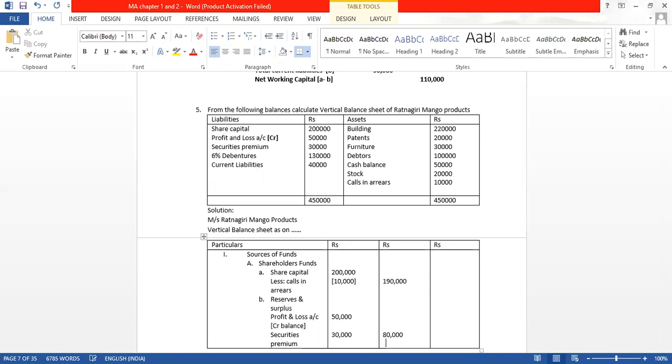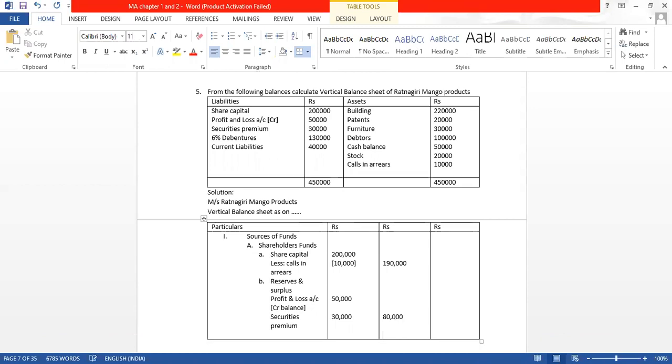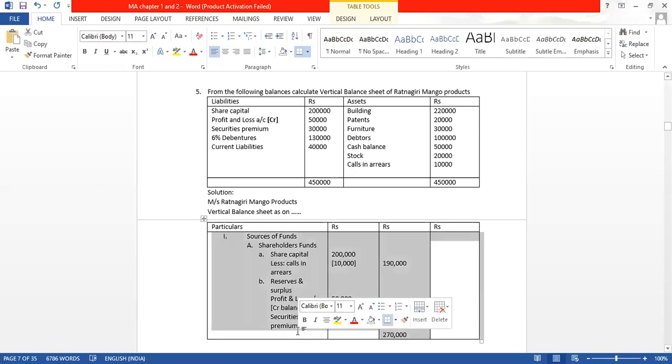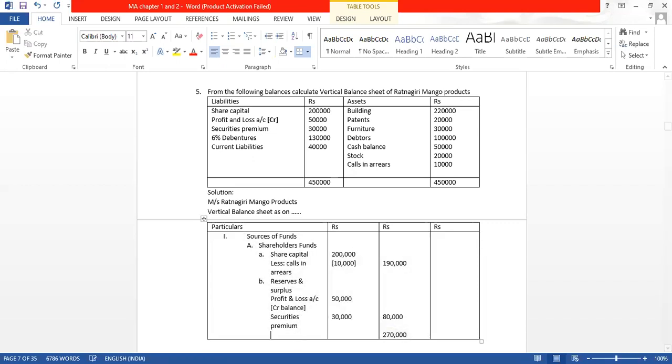Now add the total. 1,90,000 plus 80,000 is equal to 2,70,000. From this we less the fictitious assets and losses. If profit belongs to the shareholders, then losses also belong to them.